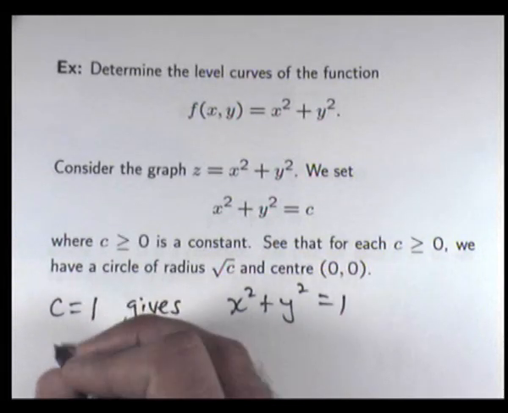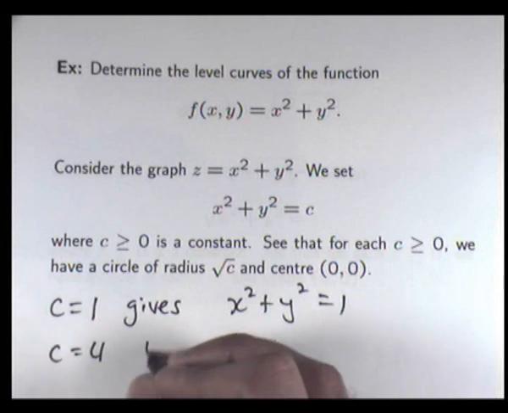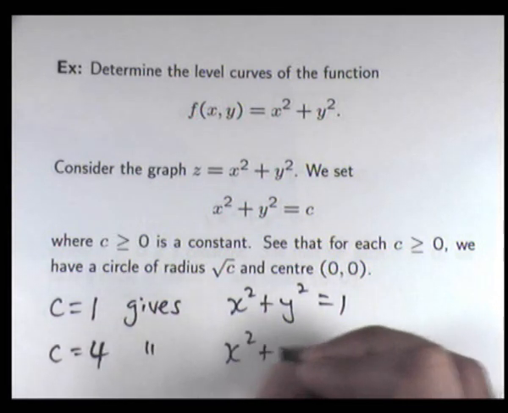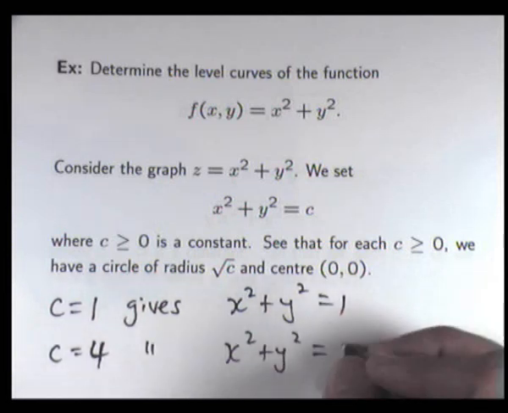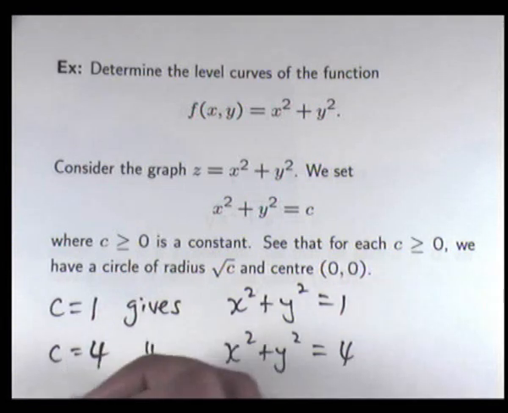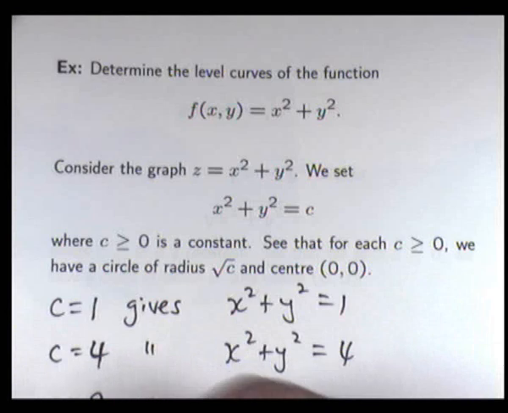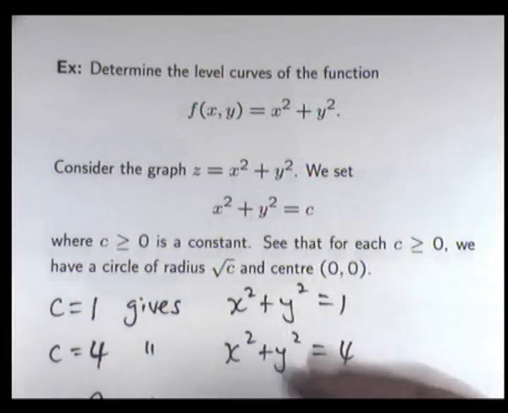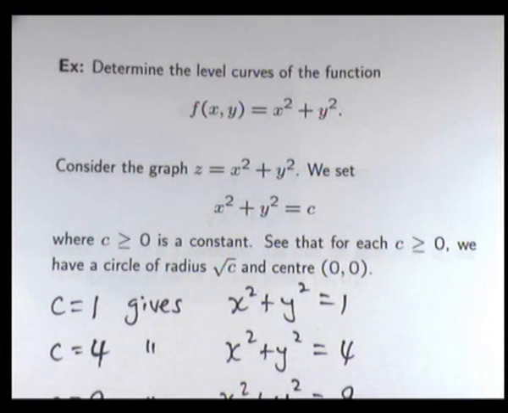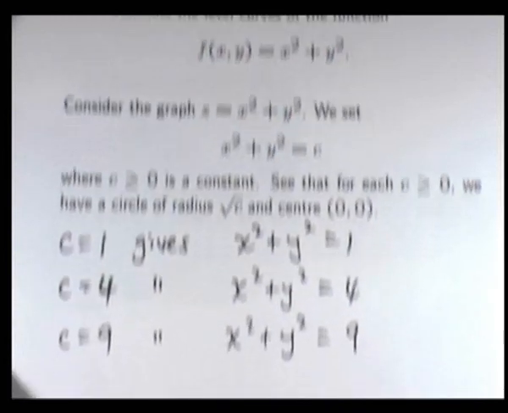Now if I put in, say, c equals 4, I get x squared plus y squared equals 4. That is a circle with centre at the origin and radius 2. And then c equals 9 gives x squared plus y squared equals 9. Again, another circle. So I'm going to draw those circles now.